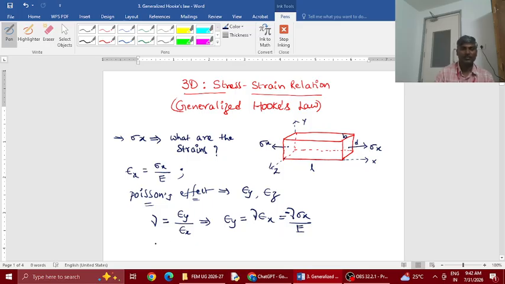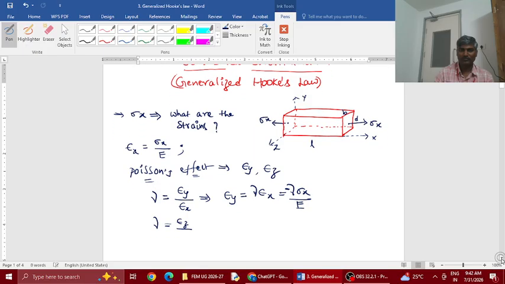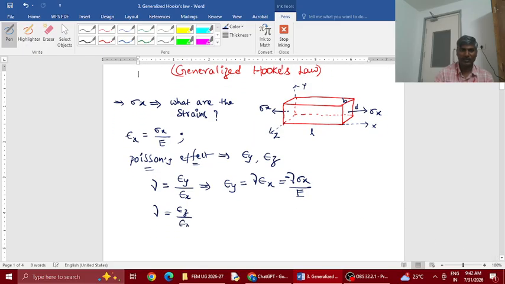Similarly, the other direction z: lateral strain to longitudinal strain ratio. Now I want the strain in z direction, which gives me this, again adding a negative sign.